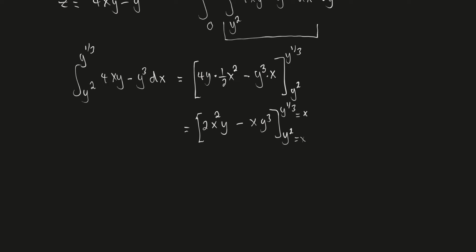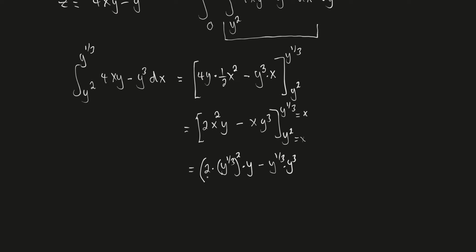So start with the y to the 1/3, plug that in for x. We will have 2 times y to the 1/3, all of that squared times y, and then minus y to the 1/3 times y cubed.